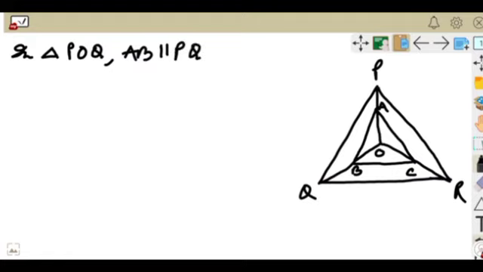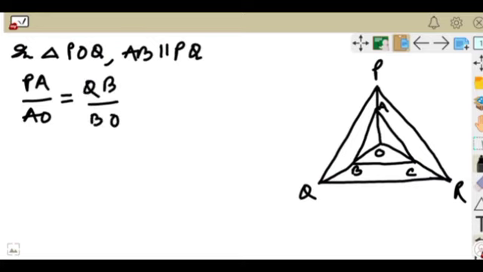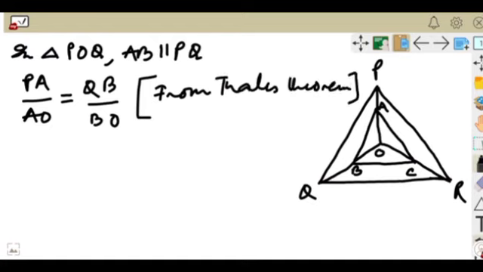And then I can write like this: PA by AO equal to QB divided by BO. This is all because of Thales theorem. So let me write from Thales theorem. Okay, let me show you properly.